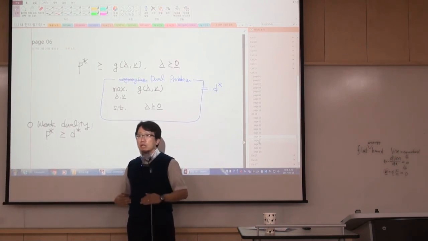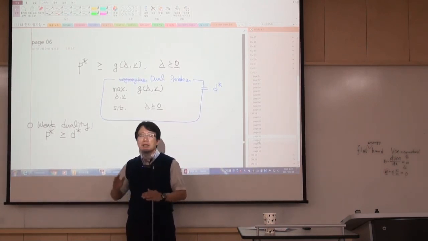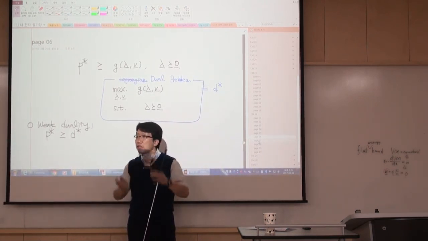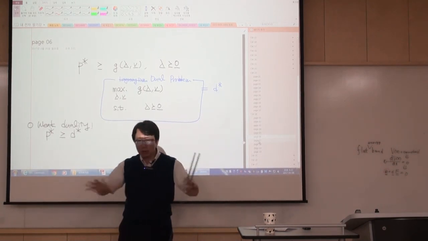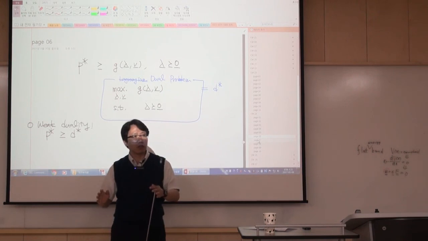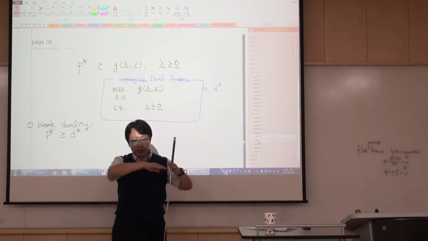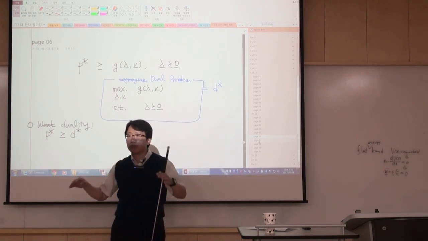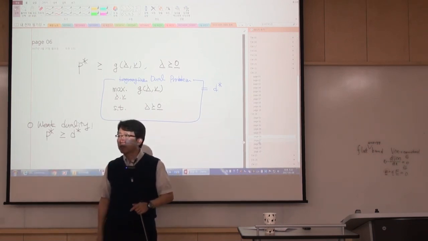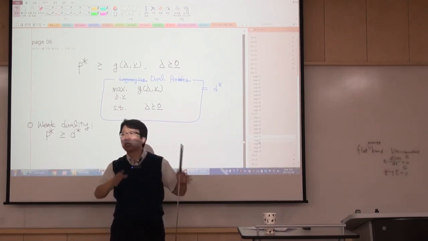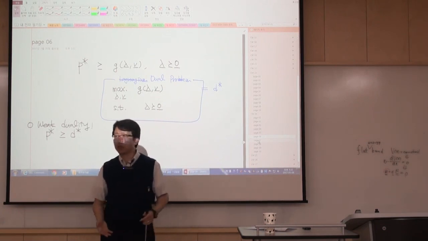Under some conditions, unfortunately not necessary and sufficient, usually sufficient conditions. As you've seen in signals and systems, we never talked about a necessary and sufficient condition for a periodic continuous-time signal to be exactly its Fourier series. We just have seen some Dirichlet conditions, that is a sufficient condition, right?